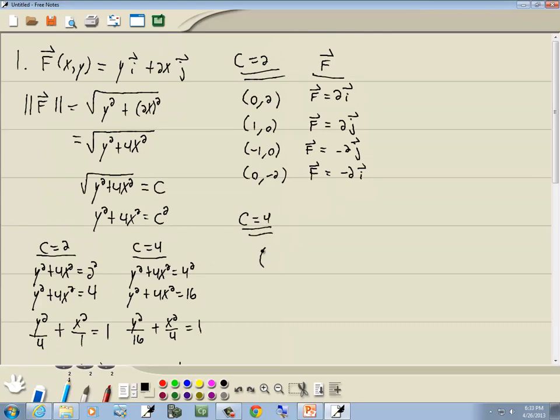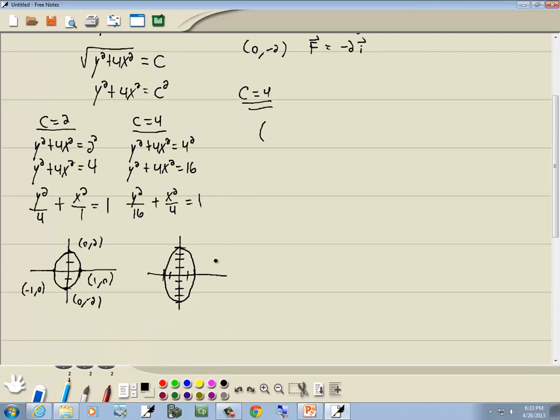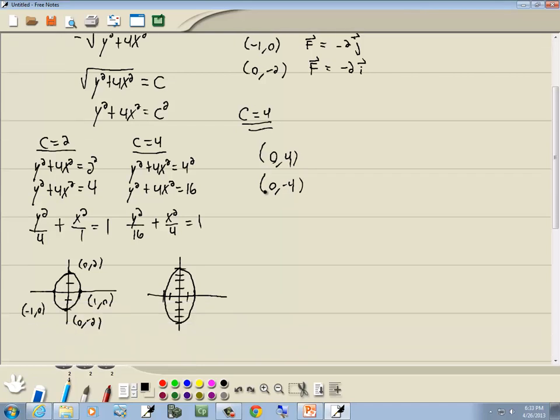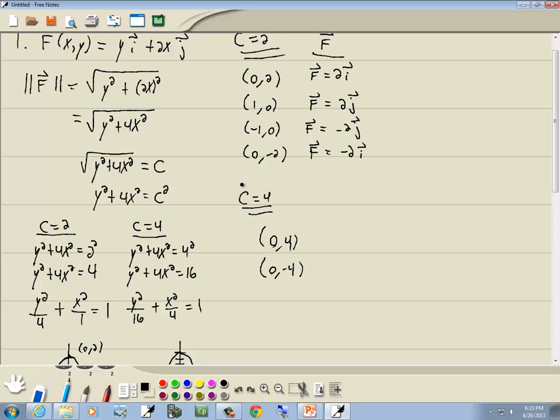Okay, so we're going to have 0, 4, and 0, negative 4. And we'll also have 2, 0, negative 2, 0.